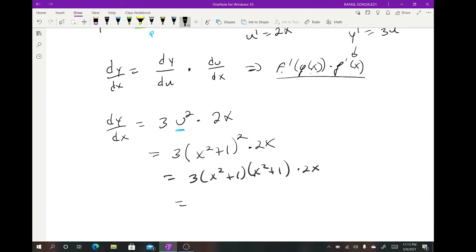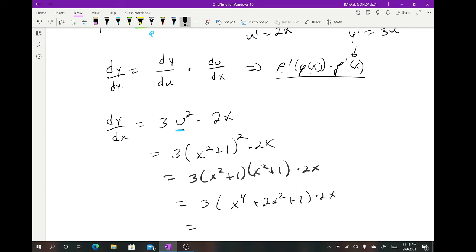And this is equal to, when you multiply this, x to the fourth plus 2x squared plus 1 times 2x.